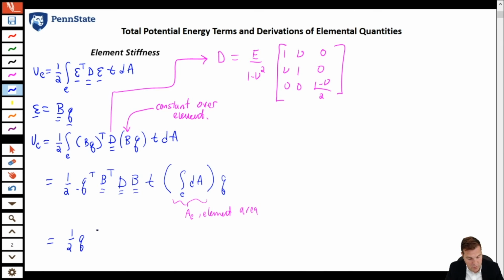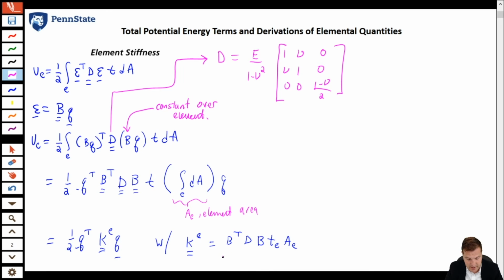Okay, so then we can write 1/2 q transpose K_E q, with K_E, the elemental stiffness matrix for the constant strain triangle, equal to B transpose D B T_E A_E. That's awesome. What do we have?